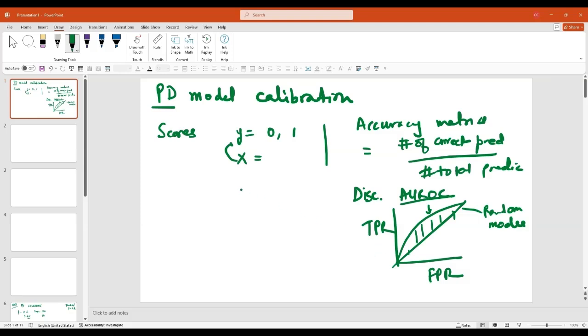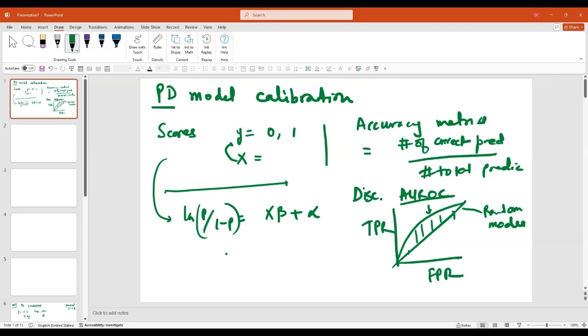However, one of the issues with such an approach can be the scores that you get. So, your regression equation is something like log of p by 1 minus p is x beta plus alpha. And the scores that you get from this equation may not translate into real probabilities, or they may be what is called uncalibrated probabilities.